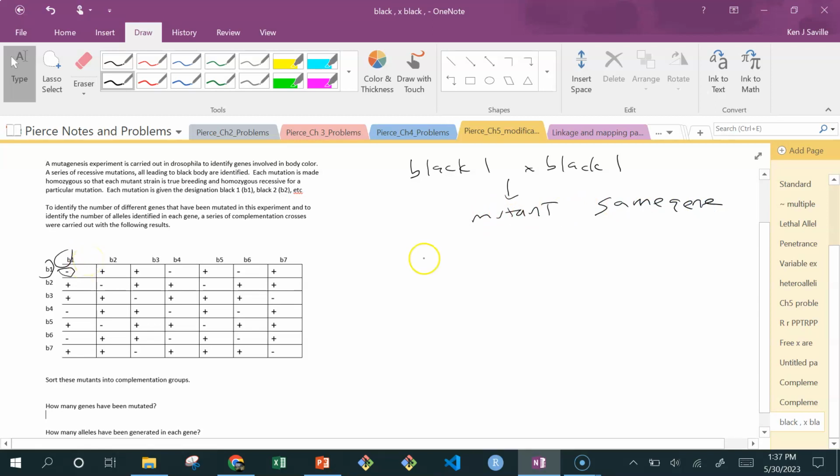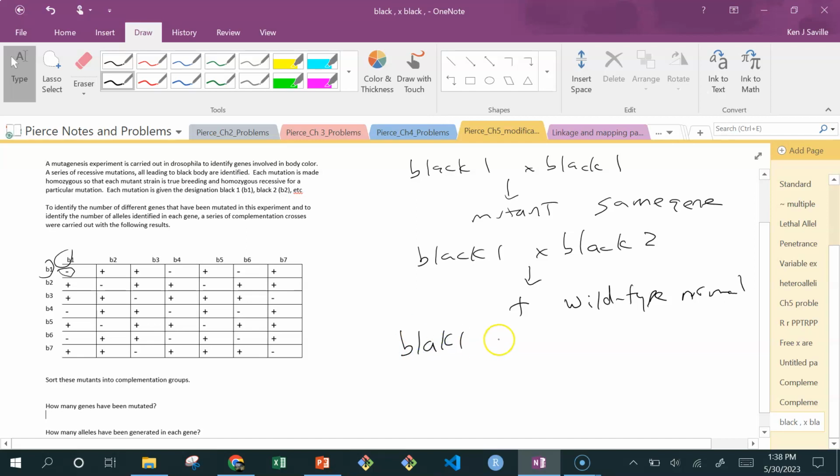But if we look at black 1 and black 2, we get a plus. Plus means wild type, which means normal. So that means that black 1 complements black 2. And they're in 2 different genes. The mutations are in 2 different genes.